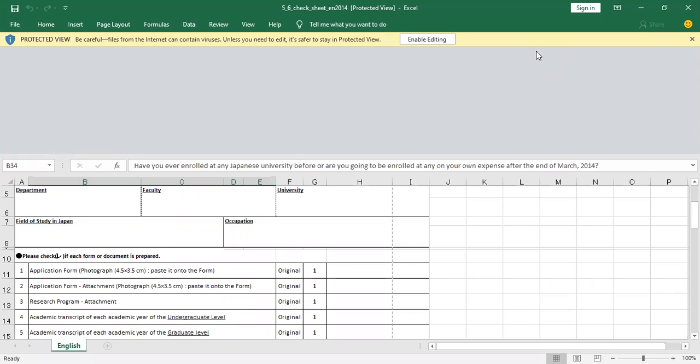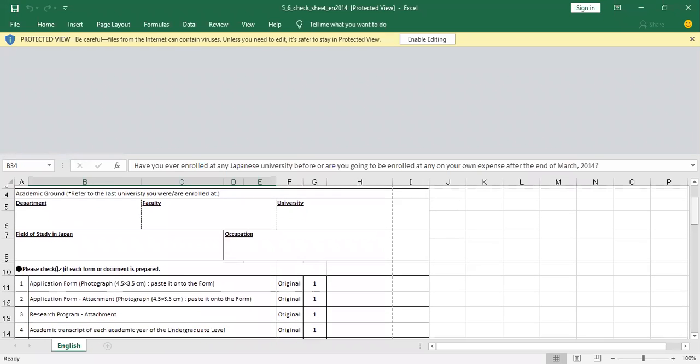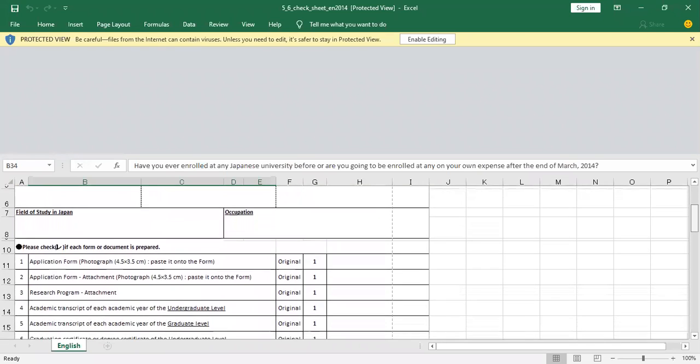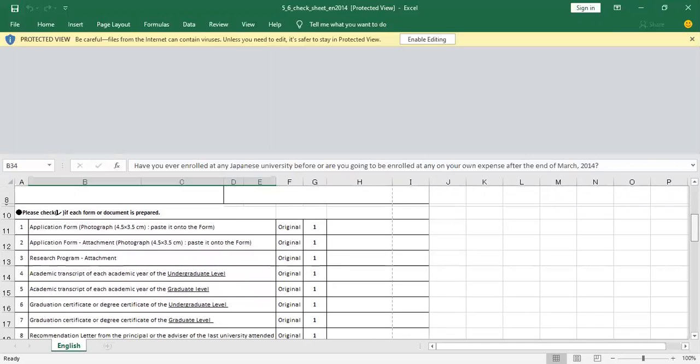In the website, there will be different documents. One of them is an Excel sheet to identify all the requirements for MEXT. The first thing you should prepare is a personal photo with a white background. And of course, the application form.